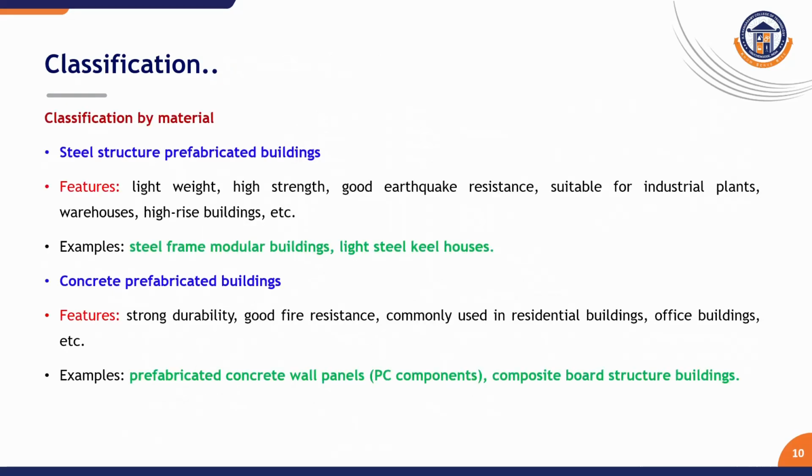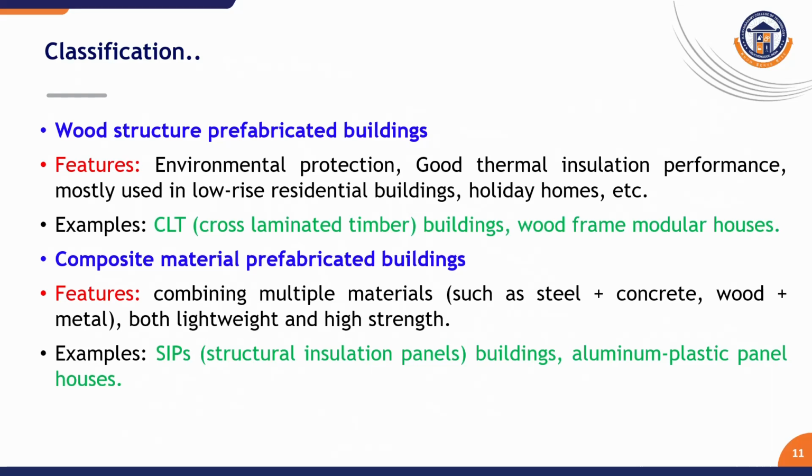The classification by materials is steel structure buildings, concrete buildings, wood structure buildings, composite material buildings. The steel structure buildings are light and earthquake resistant structures, which are ideal for industrial and high-rise buildings. Whereas concrete buildings are durable and fire resistant, commonly used in residential and office buildings.